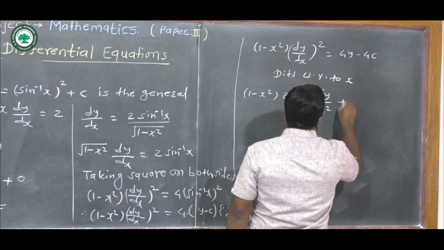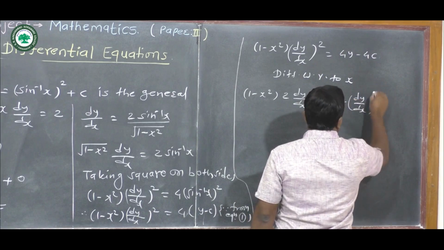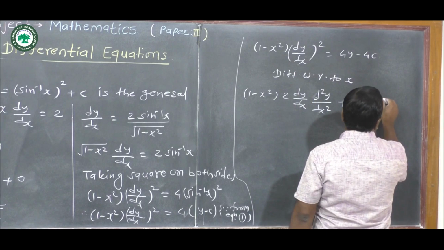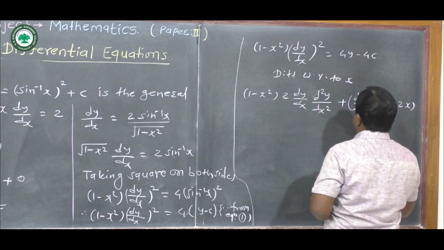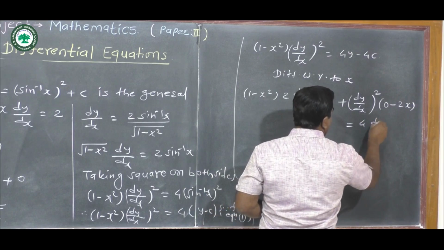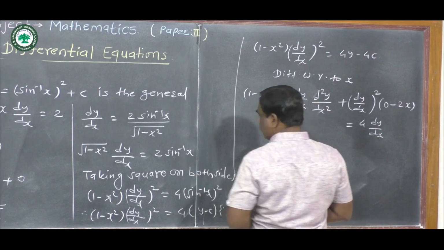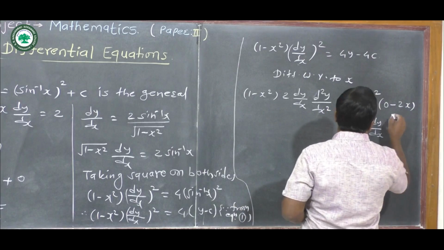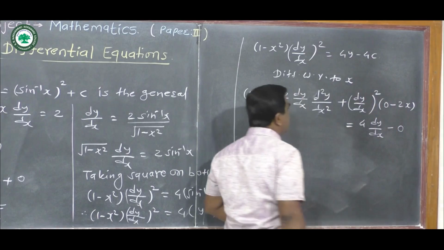Okay, plus this term as it is, second function as it is, dy by dx bracket square, derivative of 1 minus x square, derivative of 1 is 0, derivative of x square is 2x. Okay, equal to derivative of 4y, 4 is a constant term, derivative of y is dy by dx. And derivative of minus 4c is 0, constant term.